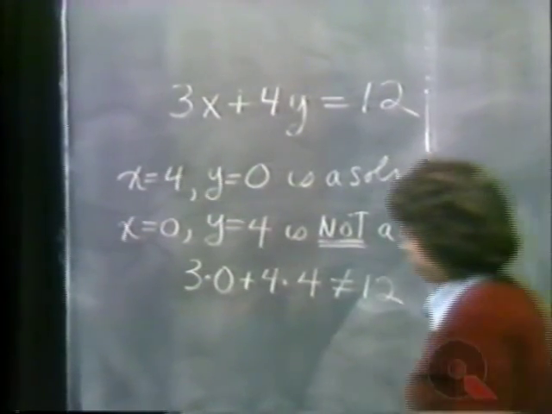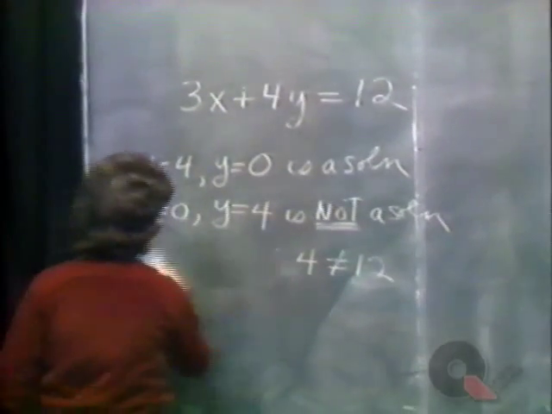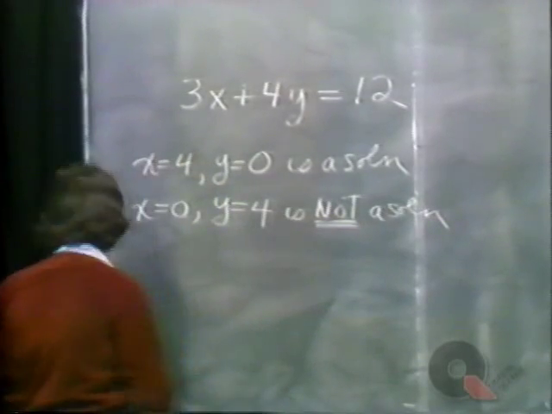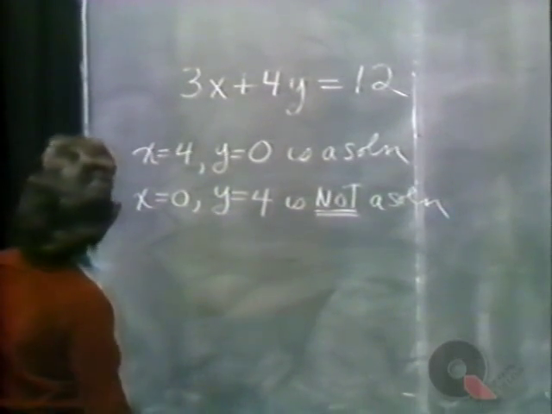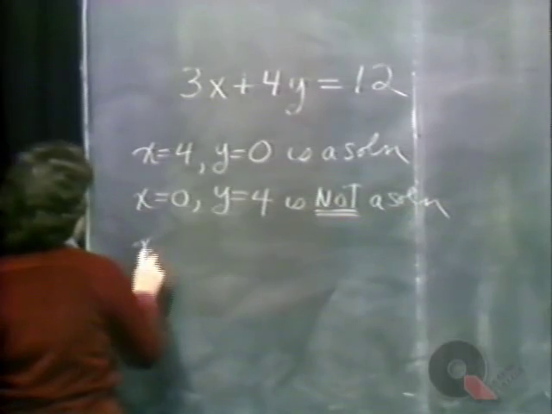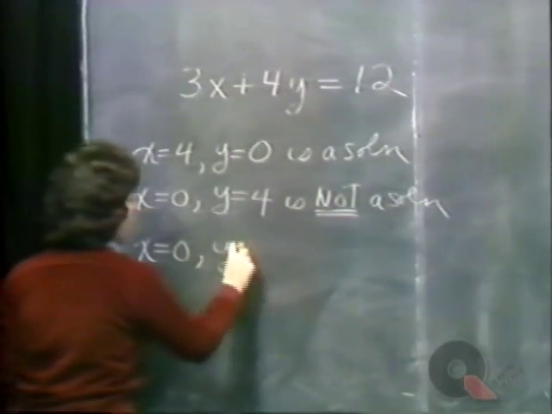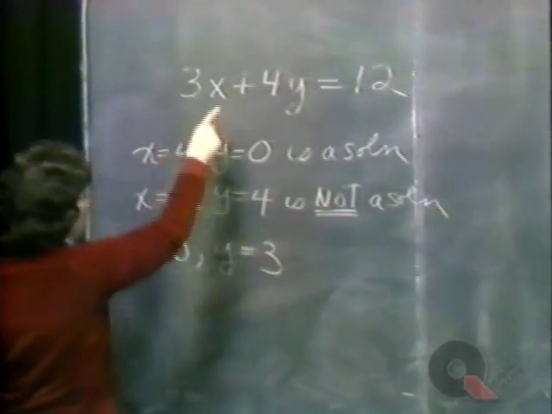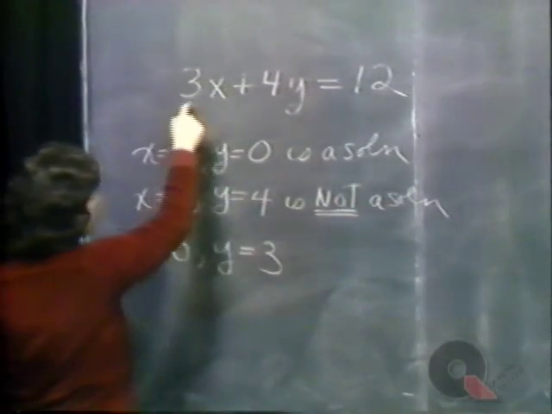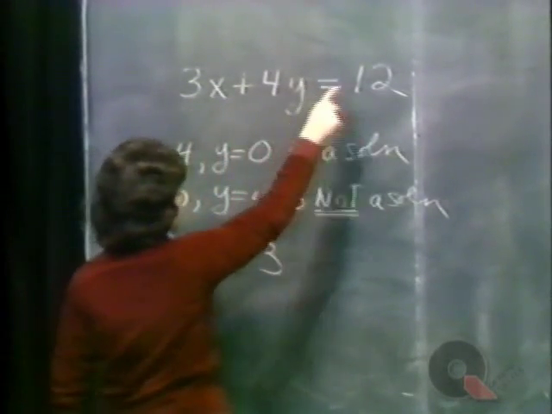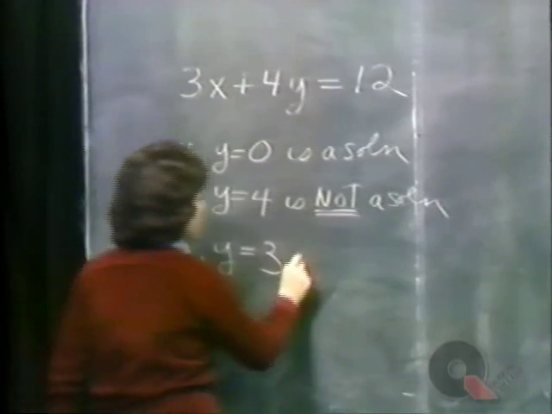Let's examine other possibilities. If we were to let x equal 0 and y equal 3, we would have another solution, because 3 times 0 plus 4 times 3 is equal to 12. So this is a solution.